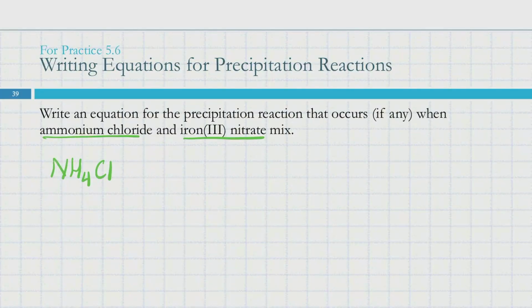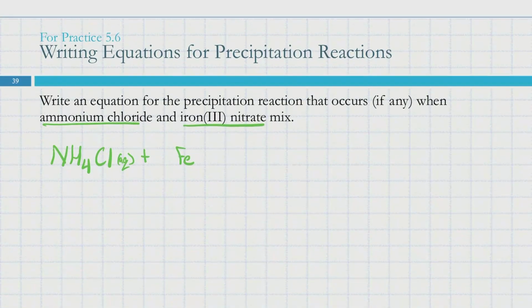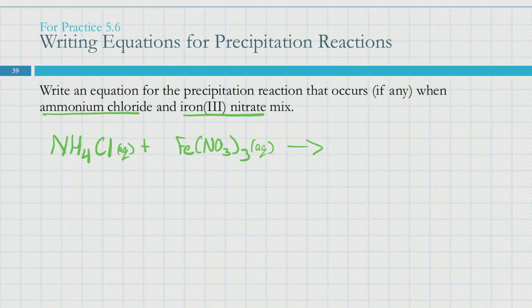Ammonium chloride is NH4Cl. And iron(III) nitrate: nitrate is NO3-, it's got a 1- charge, and iron(III) has a 3+ charge, so we're going to have three nitrates, Fe(NO3)3. And these are aqueous. We can separate those into their component ions so that we can swap them.